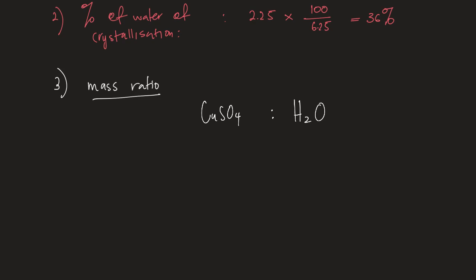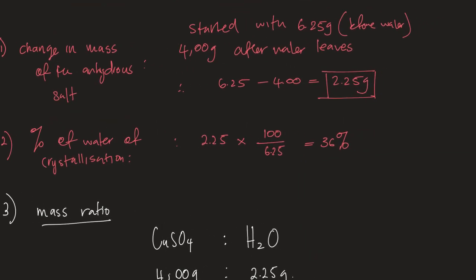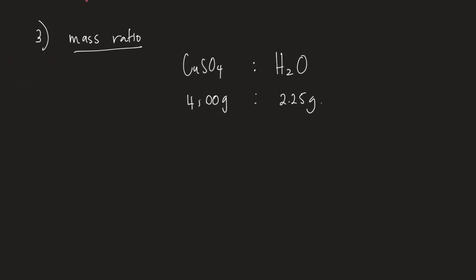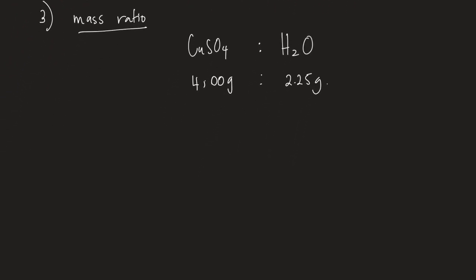We know that the CuSO4 is equal to 4 grams and the H2O is 2.25 grams. The 2.25 grams here is the loss of water, isn't it? Because this is what it was before the water and then what it was after the water leaves. So that loss of water is that 2.25 grams. Your salt is 4 grams and your water is 2.25 grams.